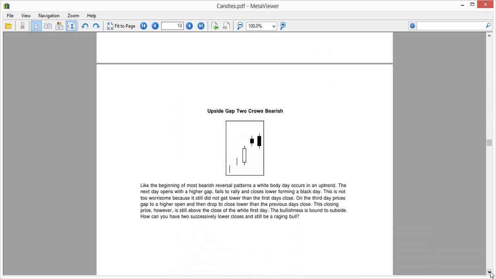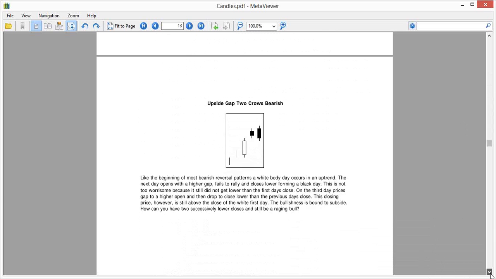This closing price, however, is still above the close of the white first day. The bullishness is bound to subside. How can you have 2 successive lower closes and still be a raging bull? Okay, so 2 lower lows, and again lower than the previous day.